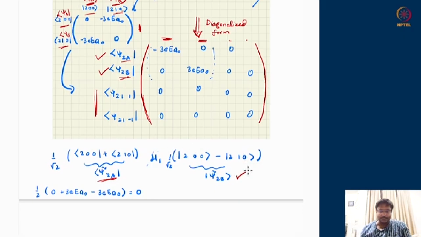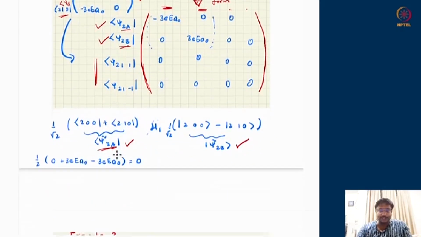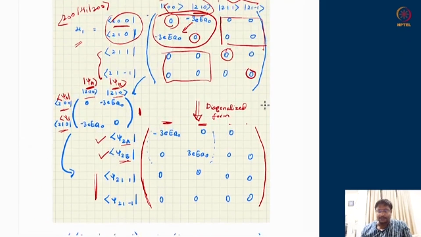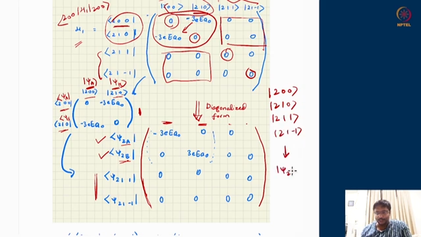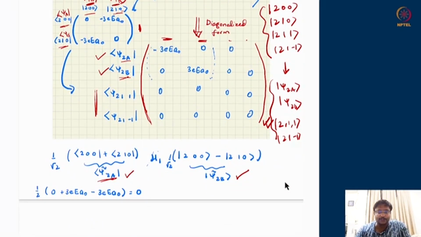If I declare psi 2a and psi 2b as my basis, then effectively the four states of the hydrogen atom, which were 200, 210, 211, 21 minus 1, are being replaced by psi 2a, psi 2b, 211 and 21 minus 1. All these have the same energy as each other, but this basis has the benefit that the perturbation Hamiltonian is also diagonal in this space.